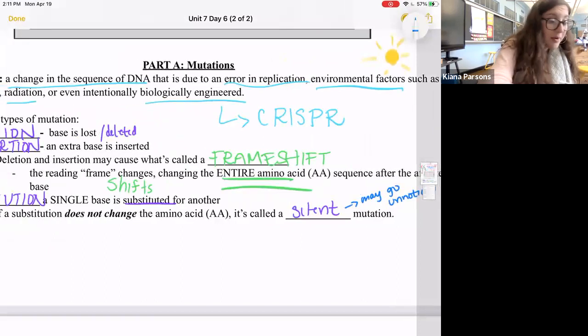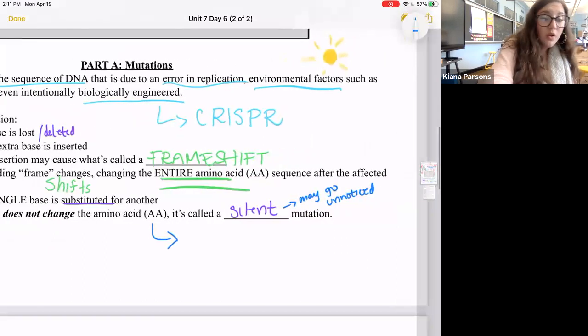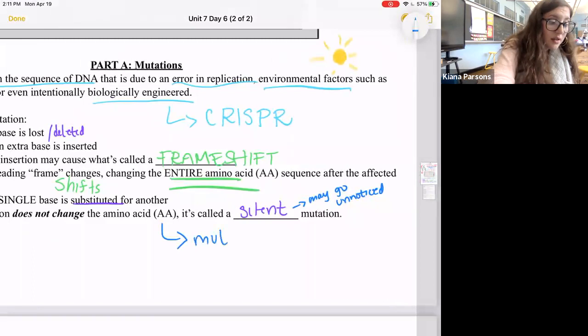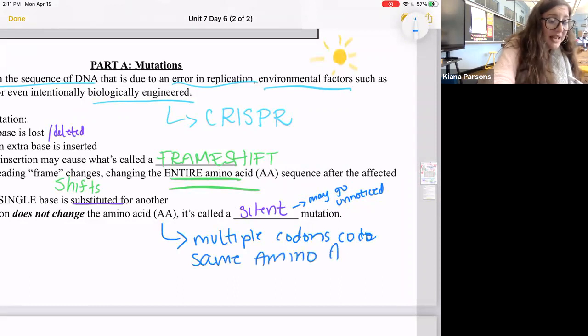Because, hopefully you remember already, right? Multiple codons code for the same amino acid, meaning that the same protein would be made. And when we went over that, we called that mutation insurance, and this is what we meant.